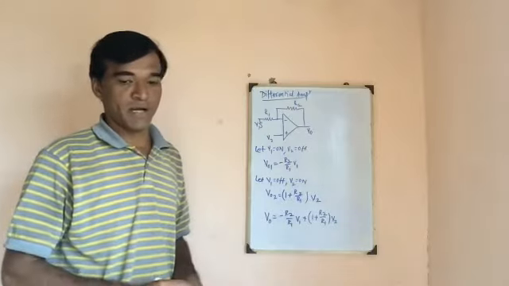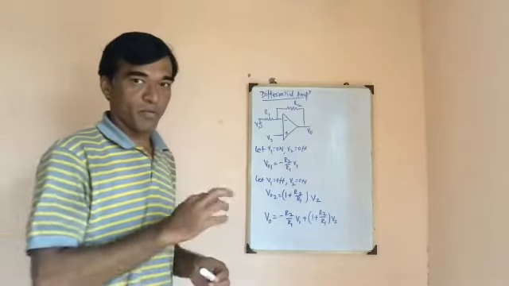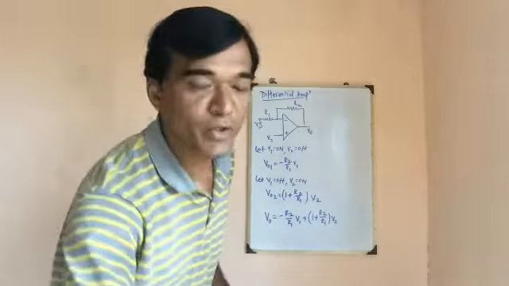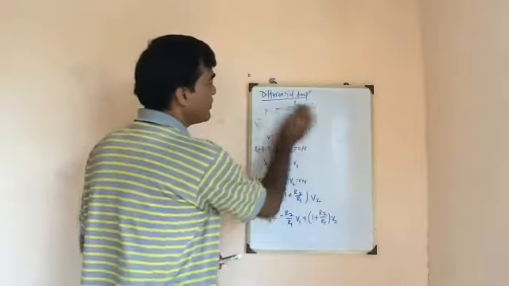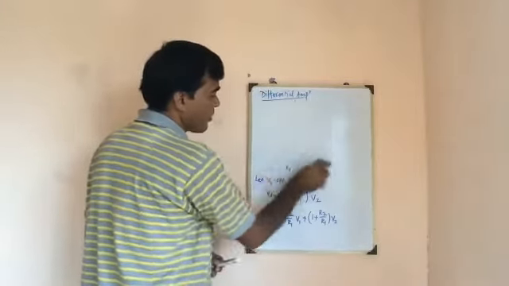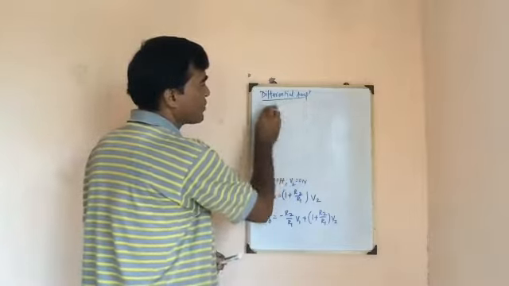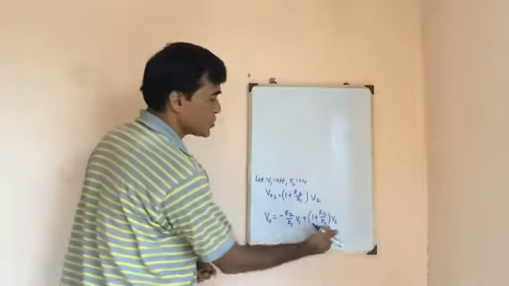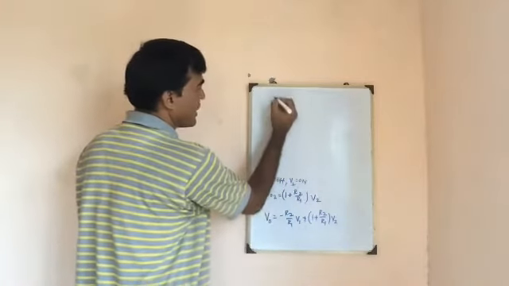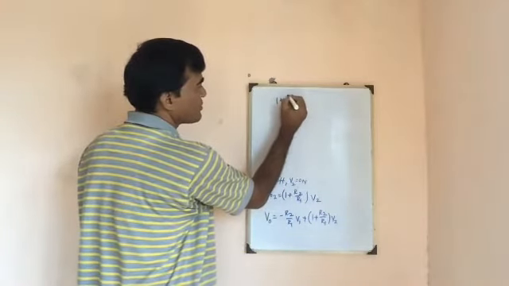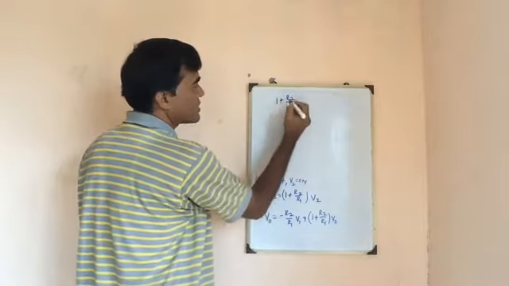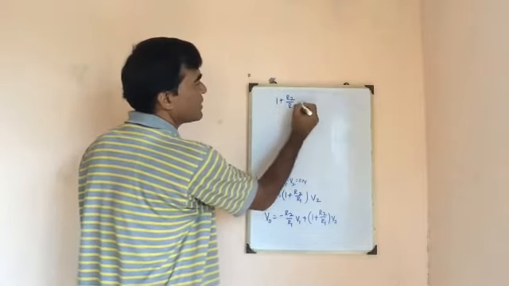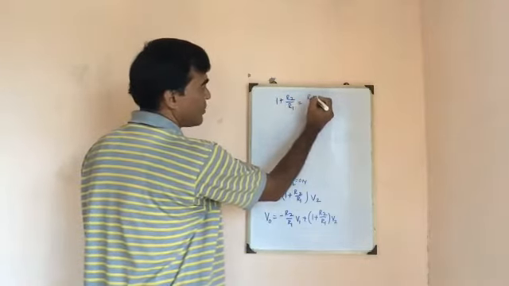If I wish to make the gain equal for both of these terms, I need to do some modification in the circuit, and that can be achieved by equating these two terms. That is, 1 plus R2 by R1 must be equal to R2 by R1.